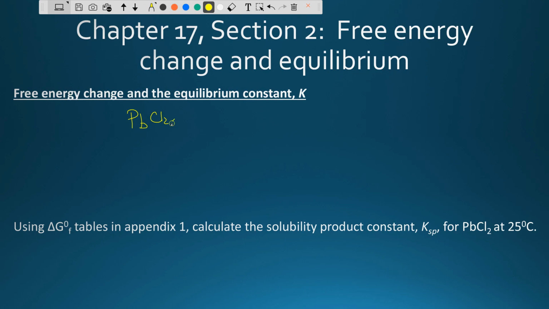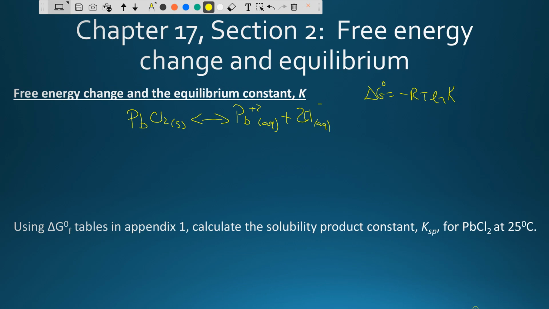My PbCl2, that's a solid. And so when it's at equilibrium, I'm going to get my lead ion aqueous and my two chlorides that are aqueous as well. Okay, now my equation is my delta G is going to be the negative RT natural log of K now, okay?